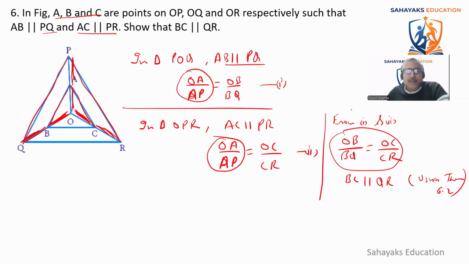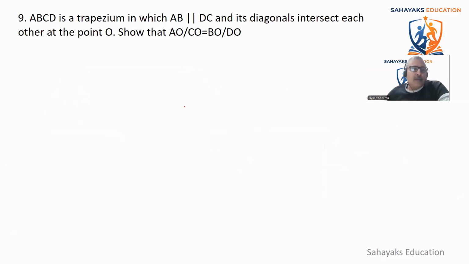Okay. So coming to the next question now. ABCD is a trapezium in which AB is parallel to DC.